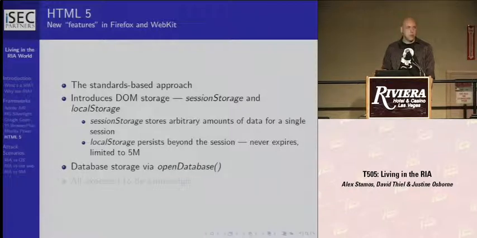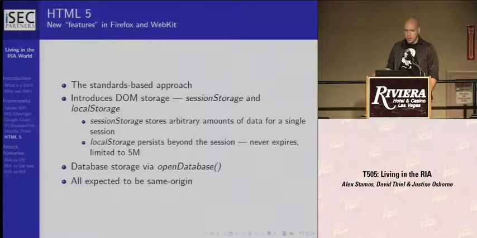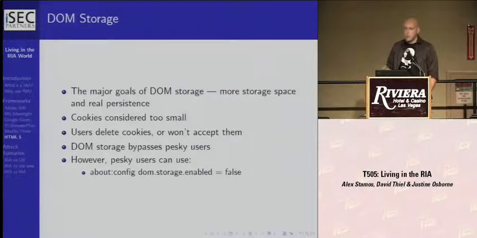You can have access to a local SQLite database now through the Open Database function. So you can create your own databases just like you were creating a cookie. These are all protected by same origin restrictions, but they have a couple of other interesting facets. With DOM storage, you can do local caching, you can do user tracking without ever having to prompt the user or let them know that you're doing it.